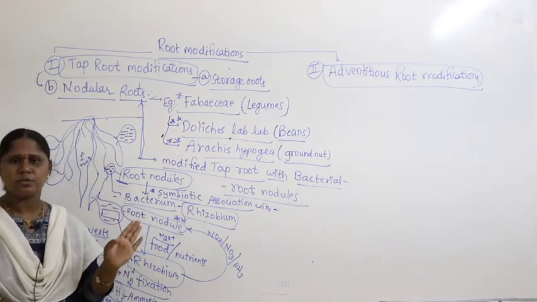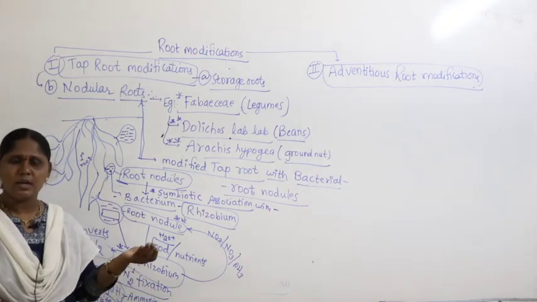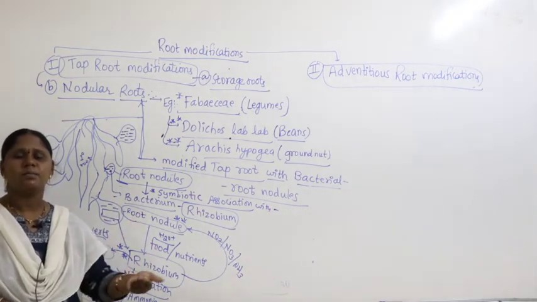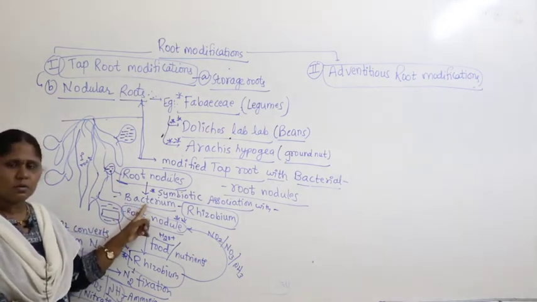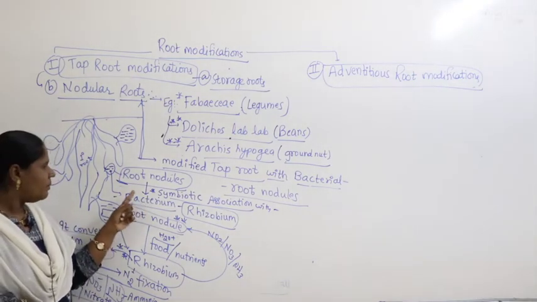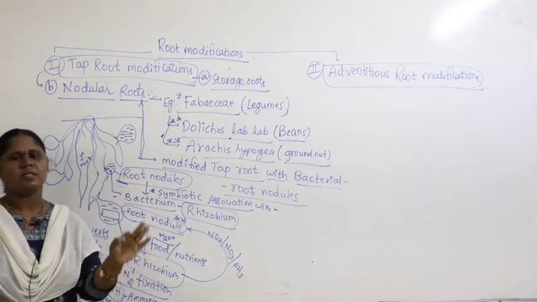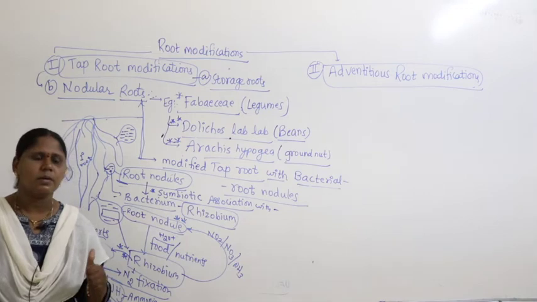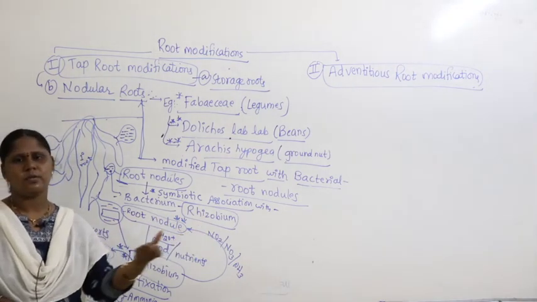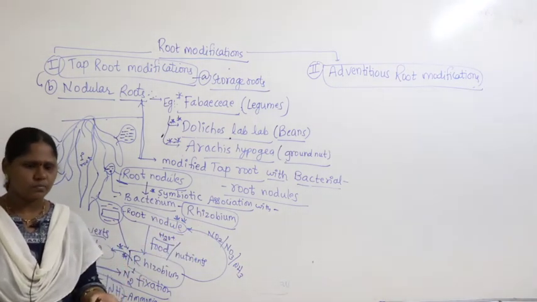Otherwise, it is difficult to see. It is a microscopic organism. Who is a microorganism? Bacteria. Why is it called microorganism? Unless you take a microscope, you can't see bacteria.